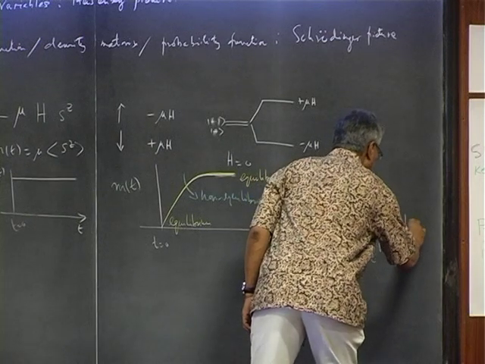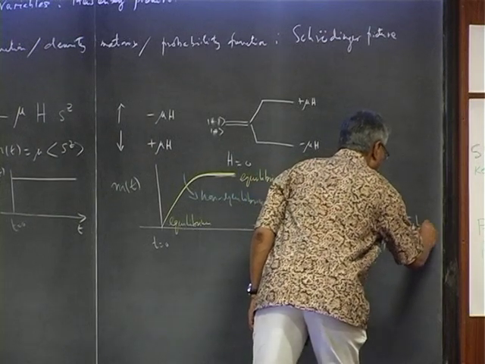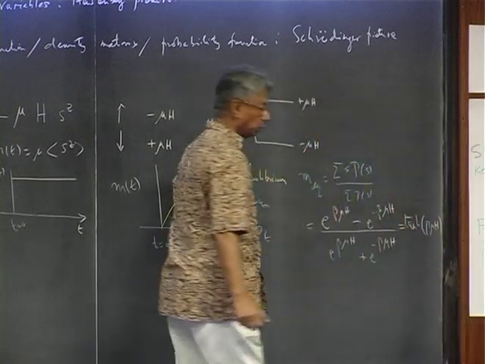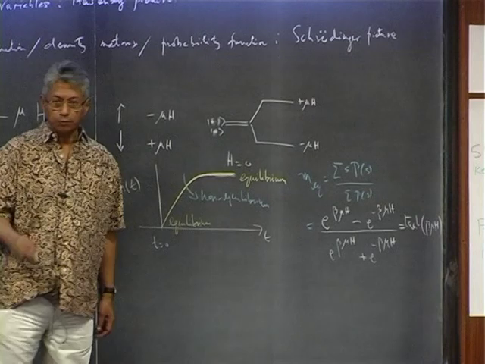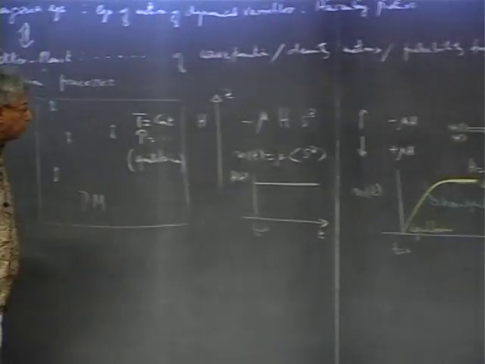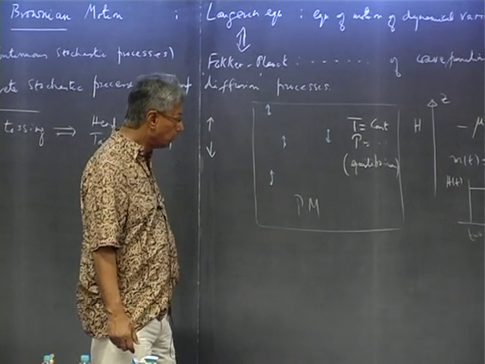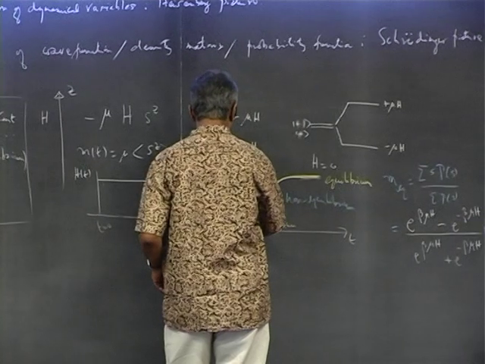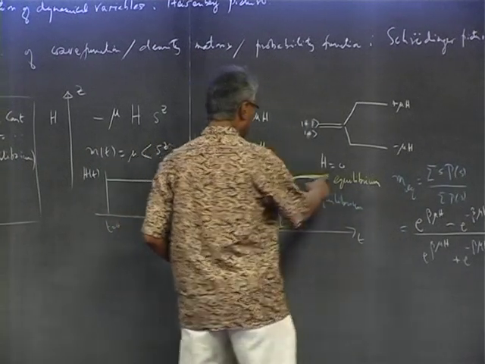And that function can be written as a tanh function, right? Very easy partition function calculation that you must have done in your first year of MSc. So, starting from m equal to 0, you go to a saturation value of the magnetization.